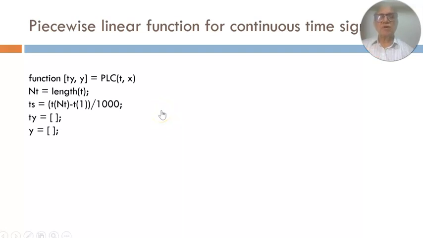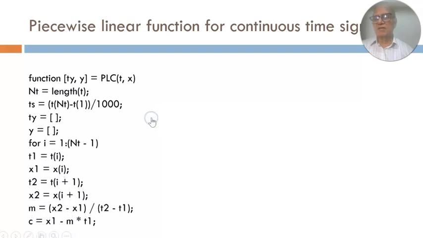So when in that for loop the index is incremented, it will do the same calculations for the second line and so on. So this is again very similar to what we did in the case of a discrete function, but let us look at the entire program. So for i equal to 1 to nt minus 1, remember we have said that the number of lines is going to be 1 less than the number of endpoints.